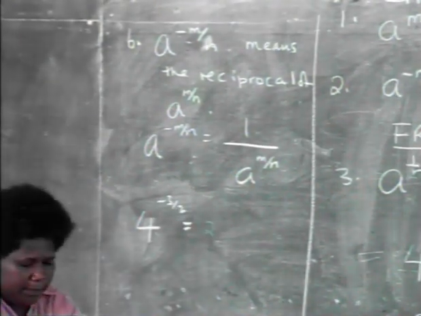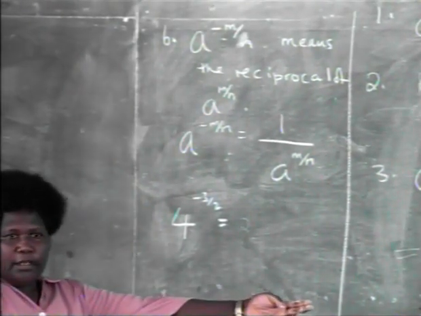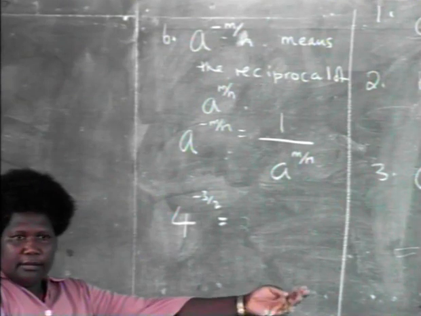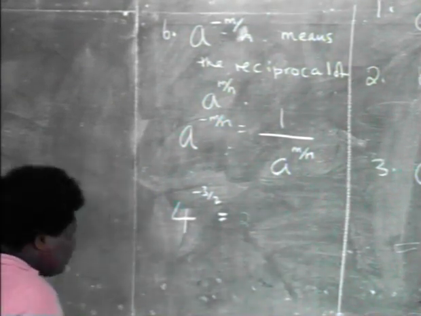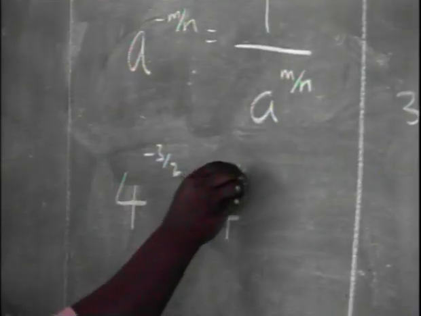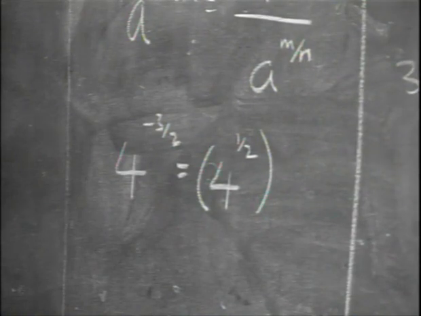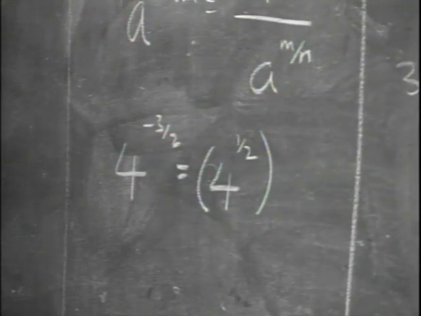4 to the power of negative 3 on 2 should be the reciprocal of 8. Okay, we'll see how we get there. What you do is you find the nth root of 4. Instead of raising it to the power of positive 3, you raise it to the power of negative 3.